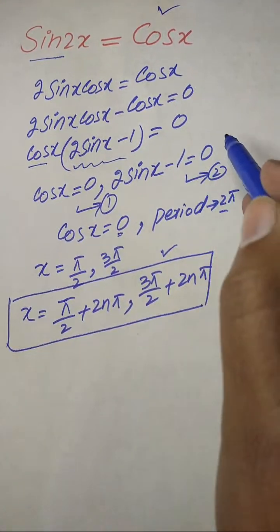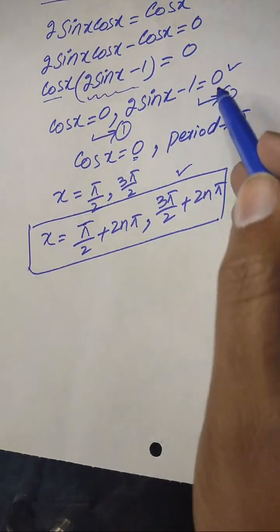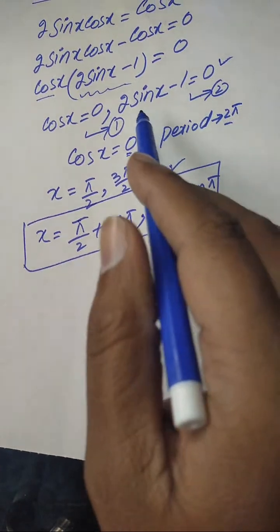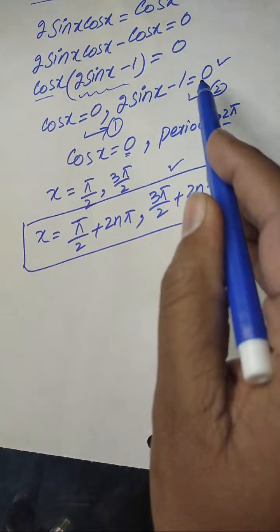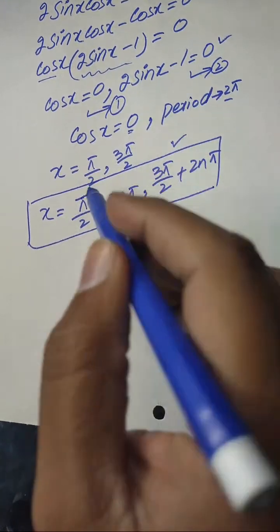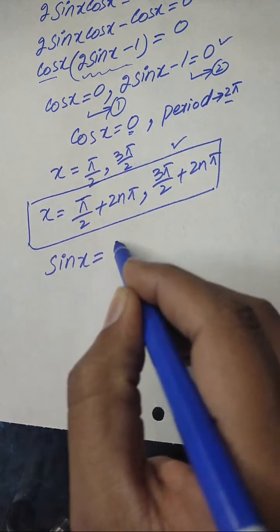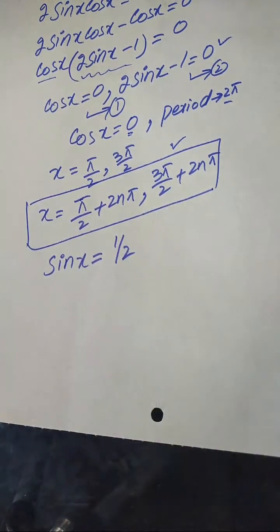After that we move toward equation number 2, and here we can see that 2 sin x minus 1 is equal to 0. So if we find the value of sine, it becomes sin x is equal to 1 over 2.